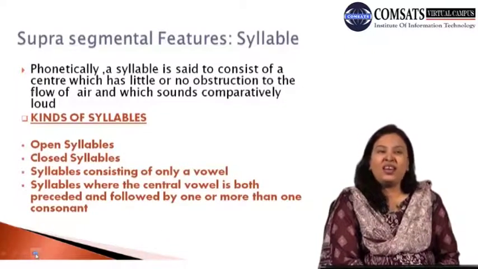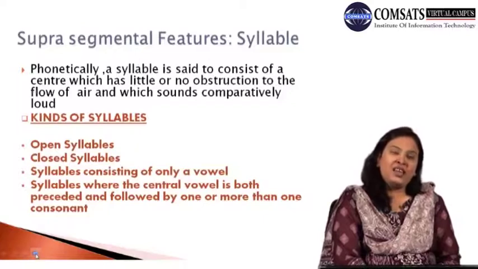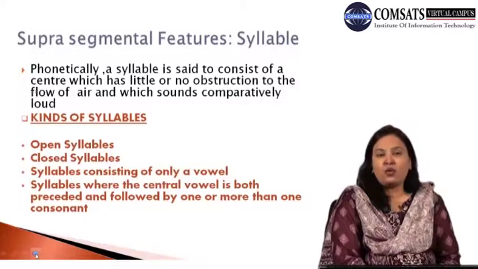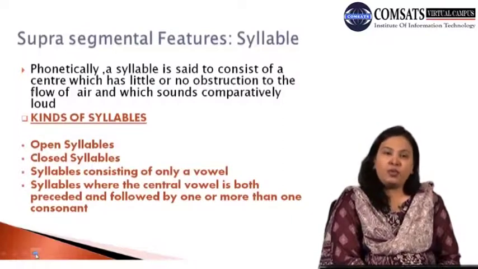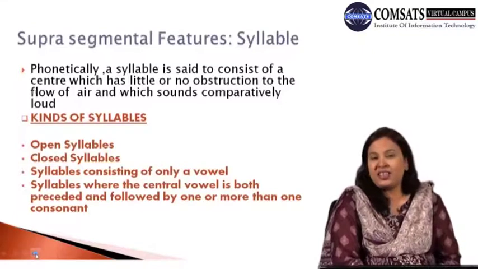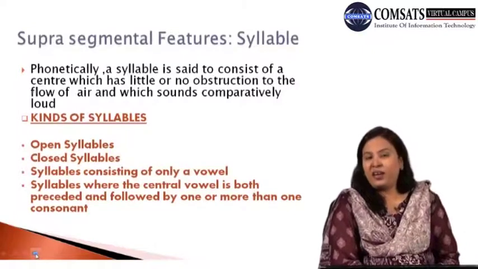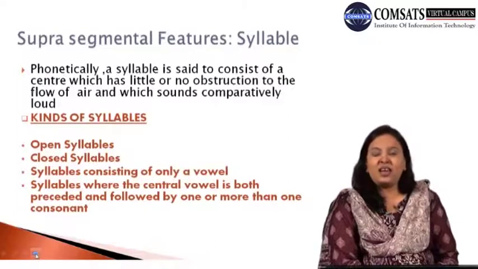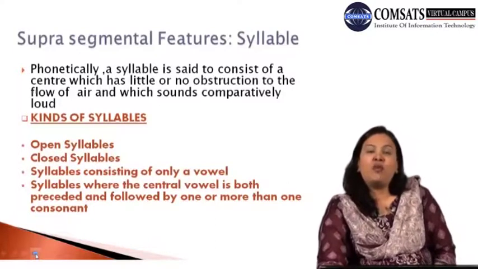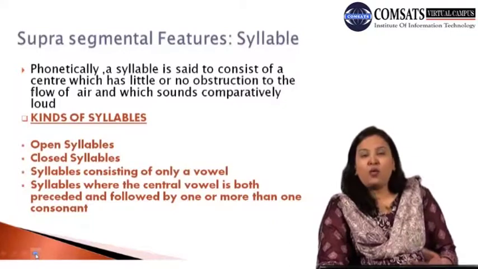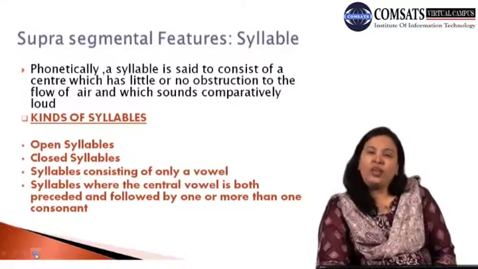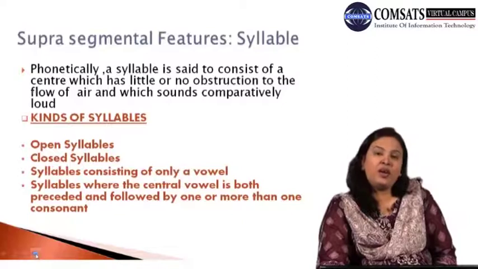So according to what vowels and consonants are there at the coda position, at the middle position, at the onset position, according to their arrangement at these different places, these syllables are divided into different categories, and every category has a different pattern. And according to that arrangement, we can differentiate between different syllables.